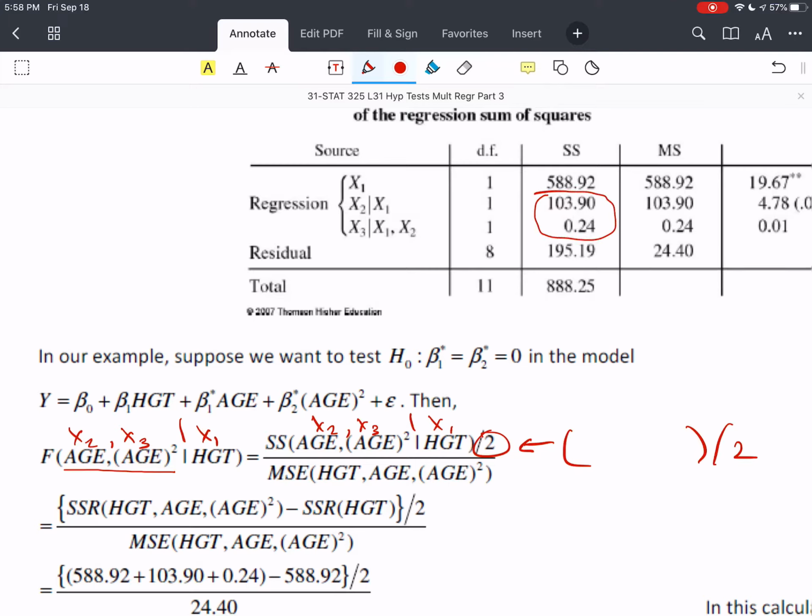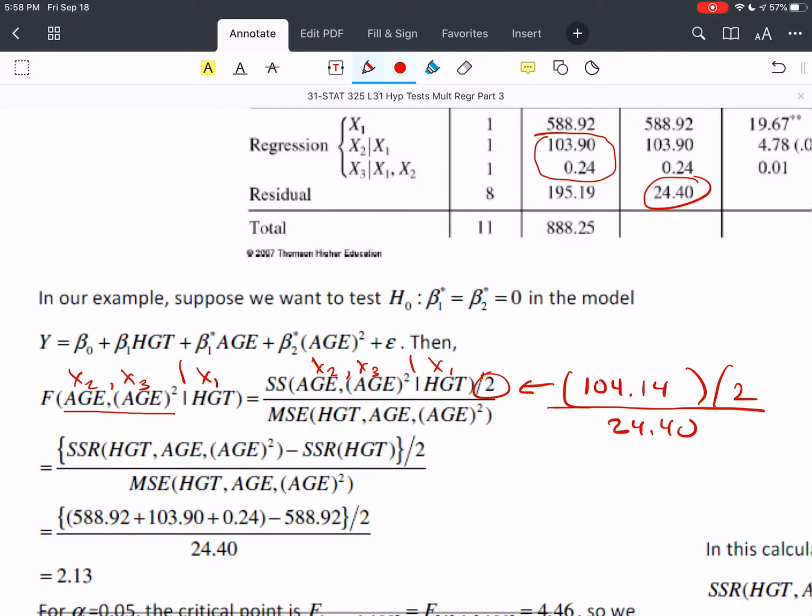So that's going to be 104.14. Let's see if I'm right. And then the MSE is going to be the 24.4 here. Okay? And so, did I do that right? Let's see. So this is this extra sum of squares.